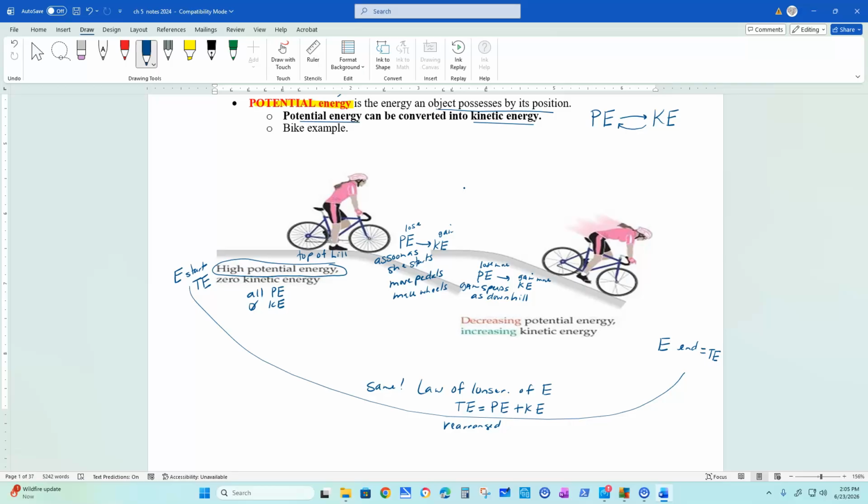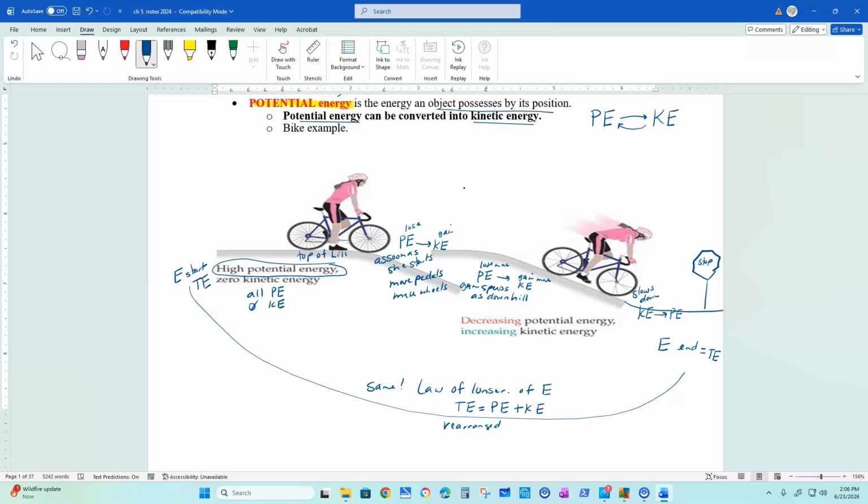Now eventually she's going to flatline into that stop sign. I think it's a hexagon. Stop signs. That's really bad. Okay. So as she slows down, now that kinetic energy that she gained is going to start to go back to potential.